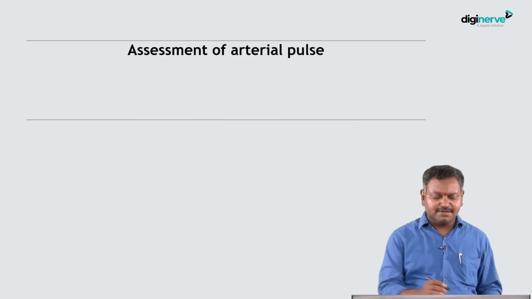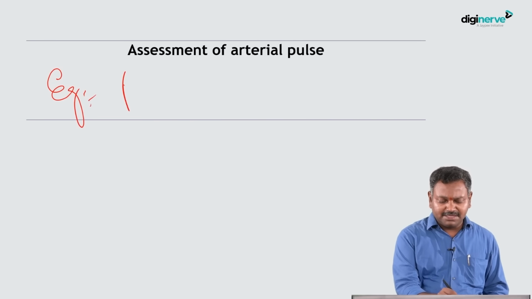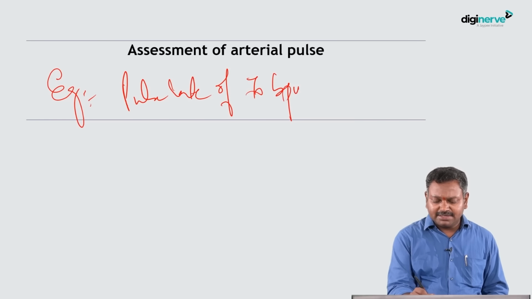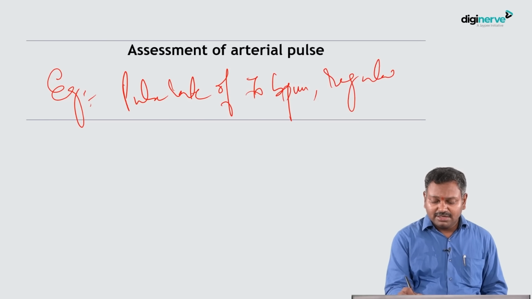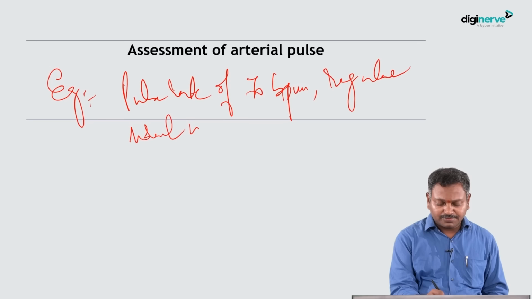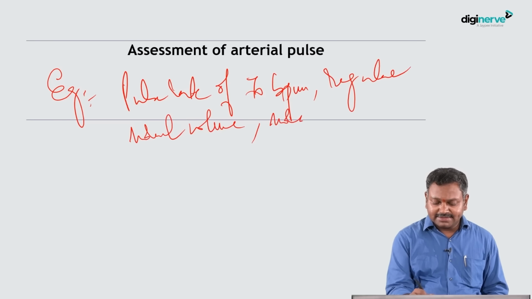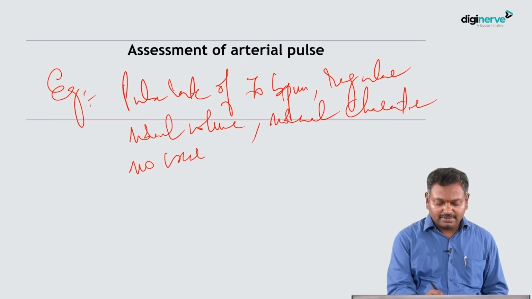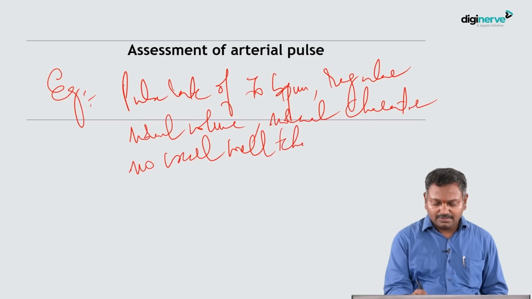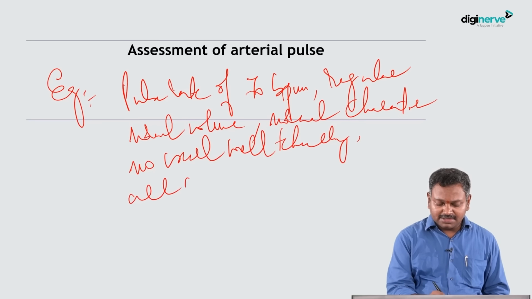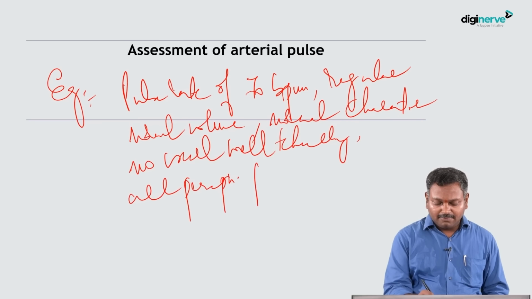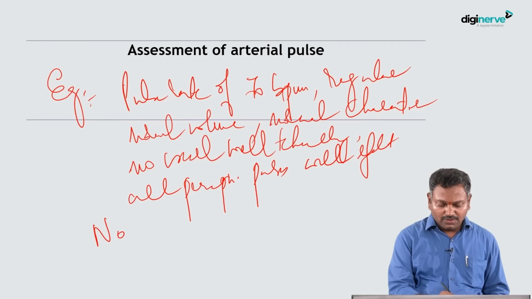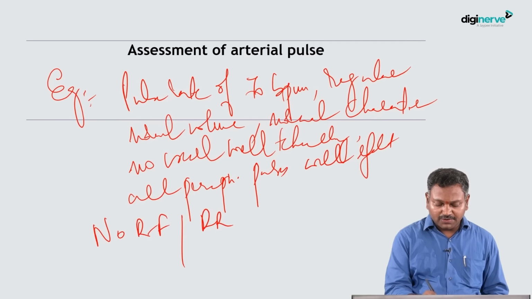We describe it, for example, we can say that this patient is having a pulse rate of 70 beats per minute, which is regular, and it is a normal volume, normal character, no vessel wall thickening, all peripheral pulses are well felt, and there is no radiofemoral or radial delay.